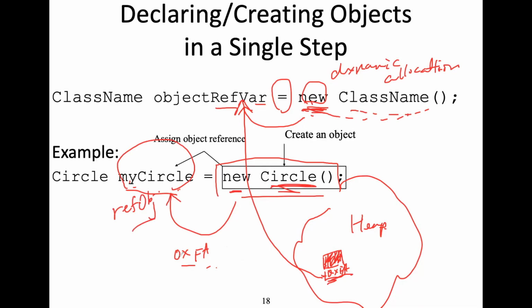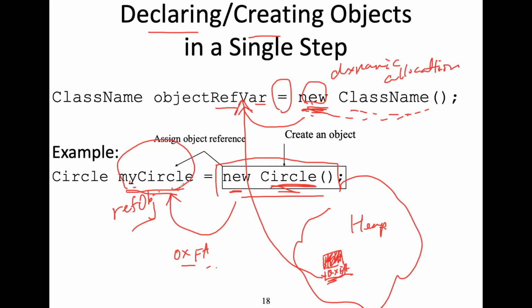This is a very important concept in Java, where references are being manipulated at runtime. This variable does not contain the object itself, but rather a reference or pointer to the object. This is how we declare and create objects.